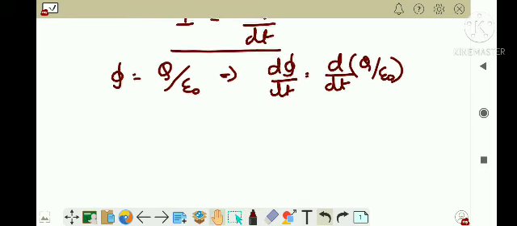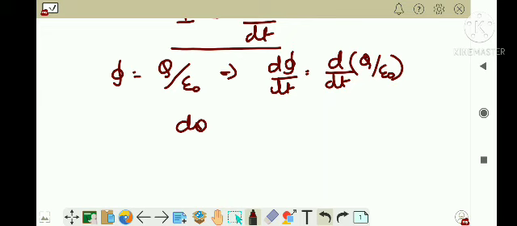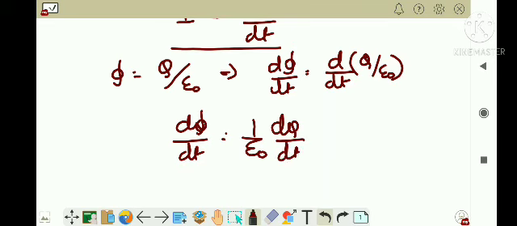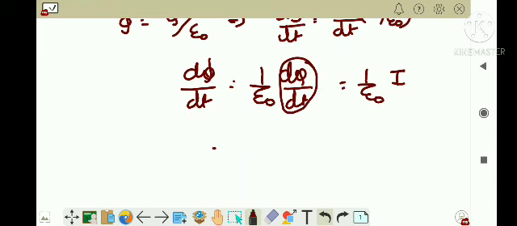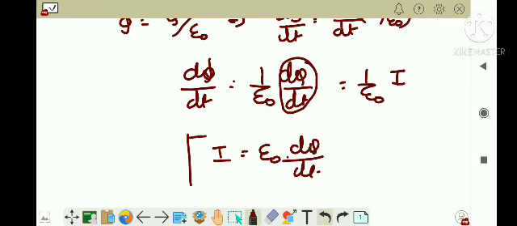Clear? Now d phi by dt then is equal to 1 by epsilon naught, which is a constant term, dq by dt. Now we just found dq by dt is what? Current. So 1 by epsilon naught current, or I can write I is equal to epsilon naught into d phi by dt, right?